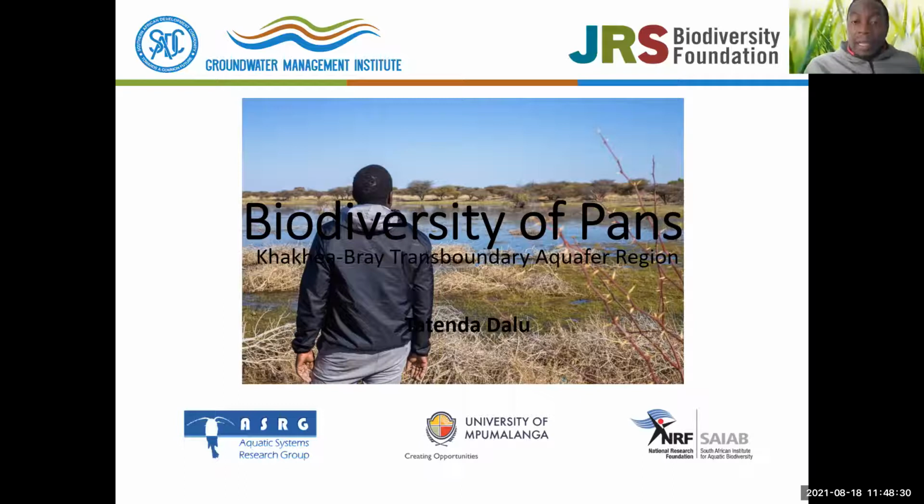But we still need to verify that using GIS and other tools such as geohydrology. And the other thing from the South African context that we managed to observe was that most of these groundwater dependent systems were located on the southern tip of the Khakhea Bray dolomite system around the Morokweng area.